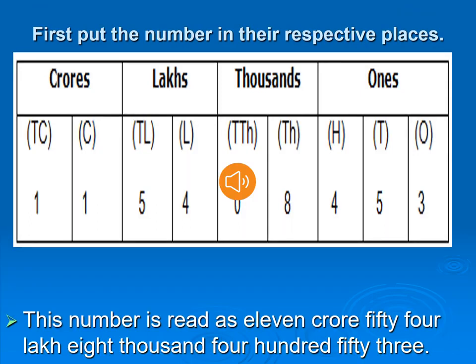For reading a number, first put the digits in their respective places, then put commas after each period and then read the number. So this number is read as 11 crore 54 lakh 8,453.